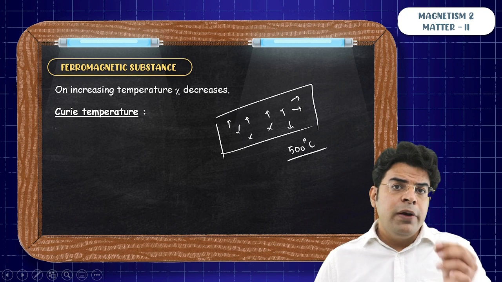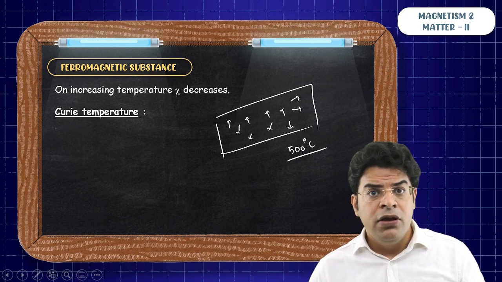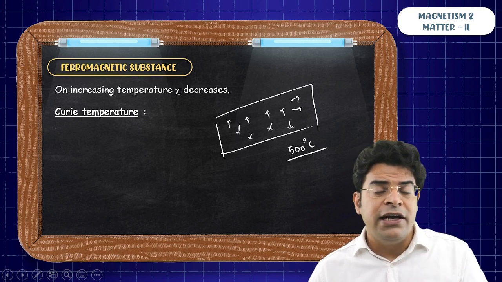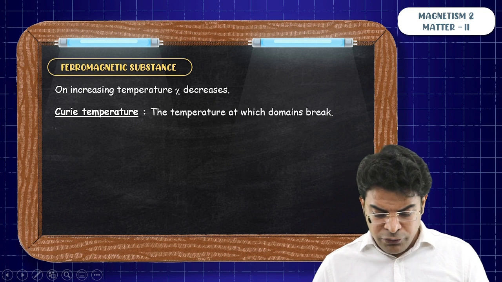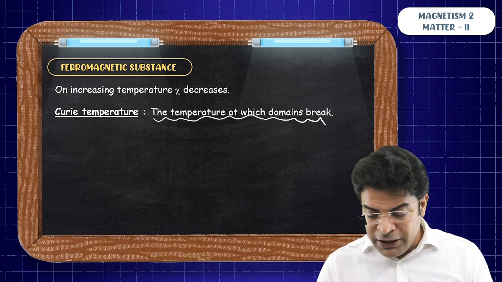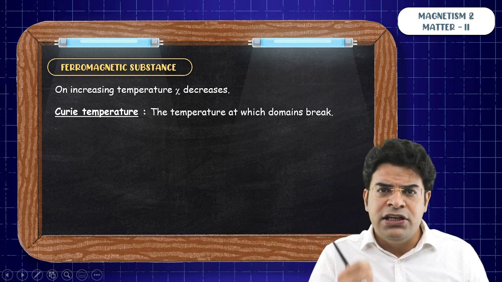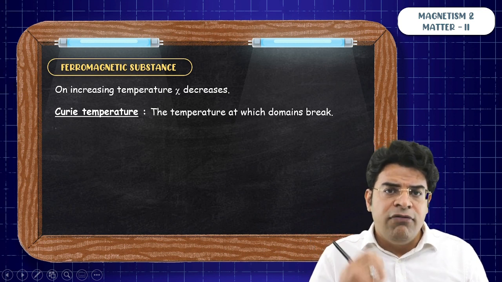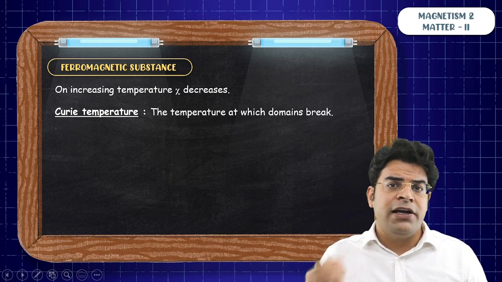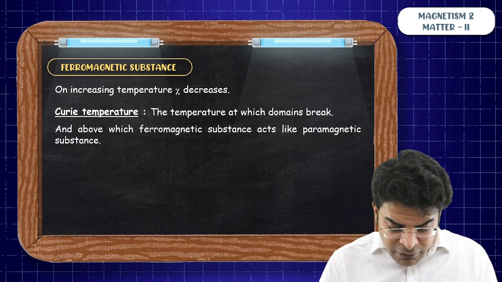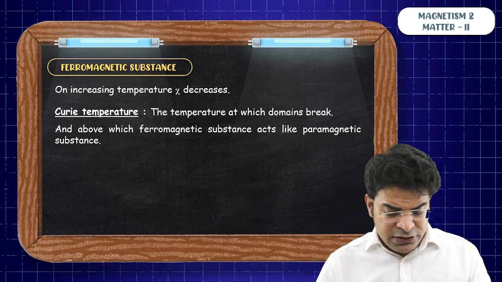It means that below 500 degrees centigrade, it will show ferromagnetic nature. But above 500 degrees centigrade, it will act just like a paramagnetic substance. Above the Curie temperature, the thermal agitation is so large that you can't have domains. So the ferromagnetic substance ends up acting like a normal paramagnetic substance.